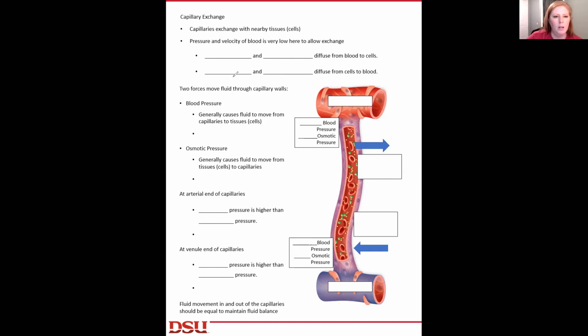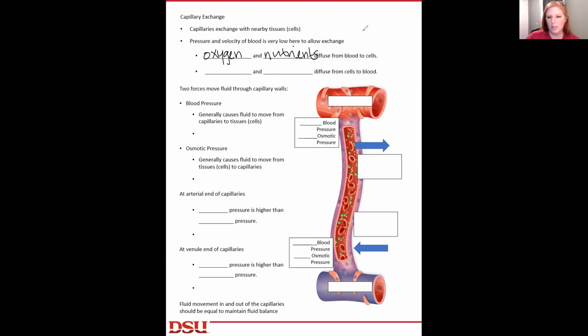Pressure and velocity of blood is very low in the capillaries to allow exchange of oxygen and nutrients from the blood to the cells.